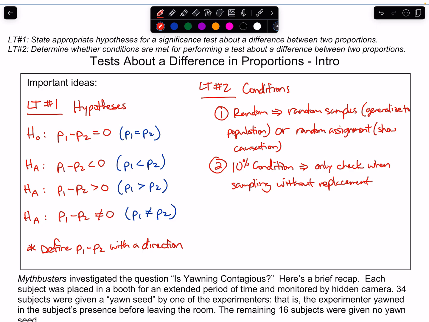And to do that, we need to take our sample size 1 and make sure that it is less than or equal to 1/10 or 10% of our population. And then we also need to do the same thing for our second sample. Make sure that that's less than 1/10 or 10% of the second population.